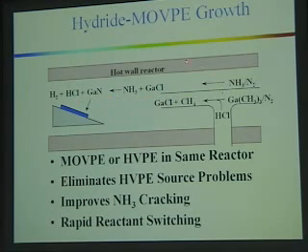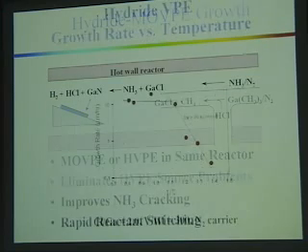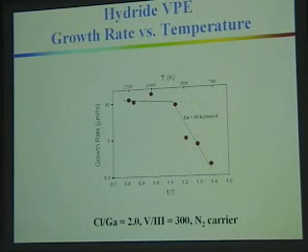But this is the system, the hydride system that we operate. The chemistry, however, beyond this region, beyond the source zone, is identical to hydride VPE. That is, we have gallium chloride and ammonia combining to deposit gallium nitride. And we've studied the growth chemistry of it. Most of the deposition we're going to be doing is in the mass transfer limited regime, although on the silicon we're going to show you some work that's at low temperature in a reaction limited regime.